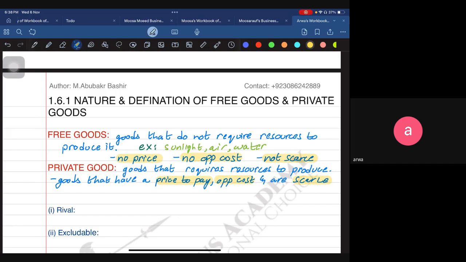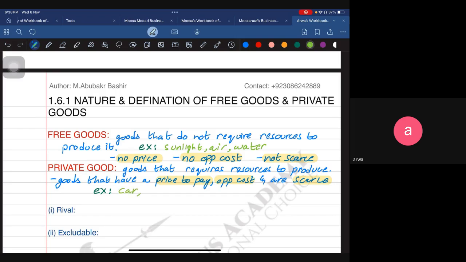Very nice. For example, what could be the example for such goods? A very simple example, maybe shoes, or normal consumer goods like milk, which you will have to pay for.